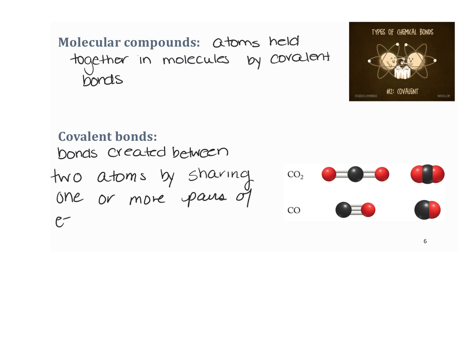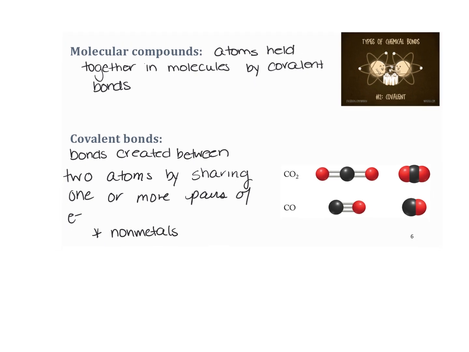And so I again love this kind of comic or graphic. We see two atoms and it's like they're sharing a meal of electrons, right? But they share an electron to form a bond. A good example of this, I want to say one more thing. These guys are nonmetals, right?